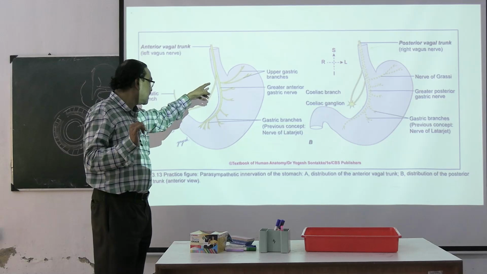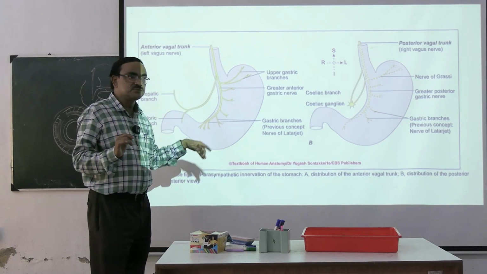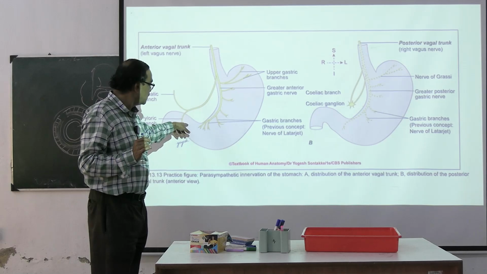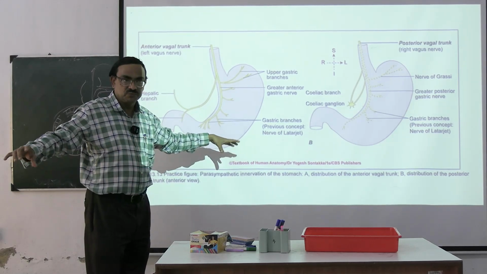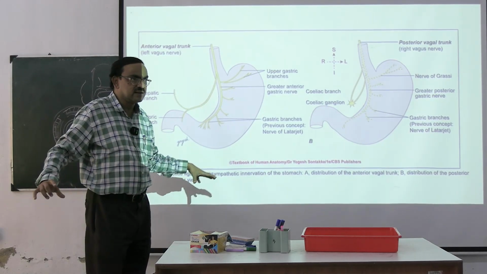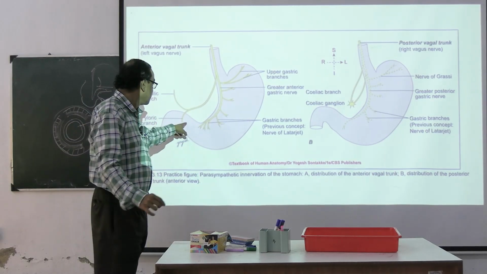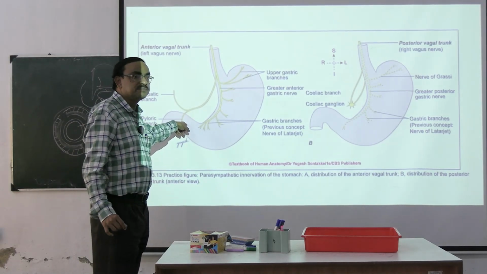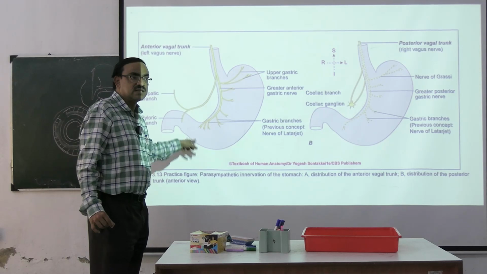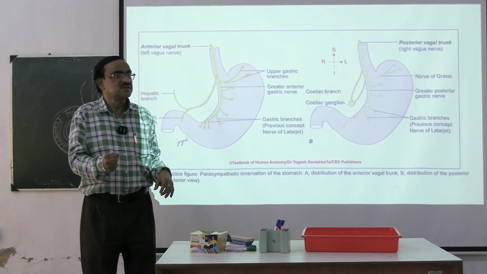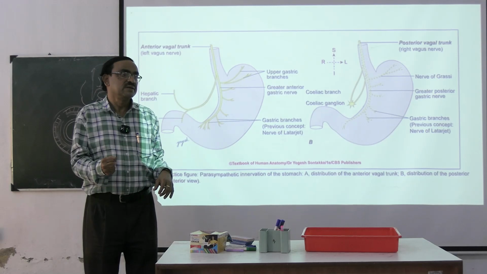Now I told you about the sympathetic nerves, coming from the T6 to T9 segments of the spinal cord. The lateral horn cells, we know in the thoracic region there are lateral horn cells. From there the sympathetics are coming, and they reach the circular muscle and the pyloric sphincter, and cause constriction of the pyloric sphincter.